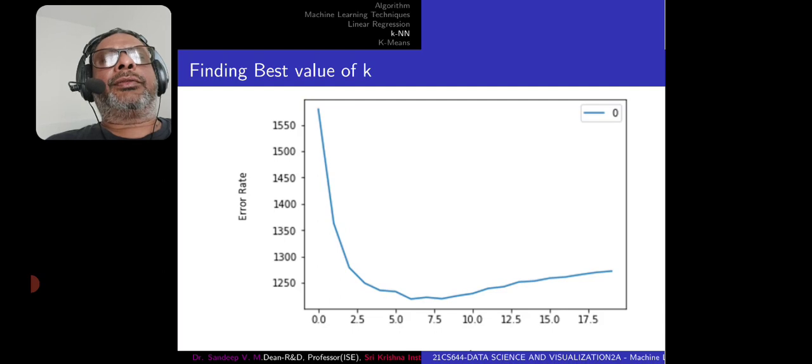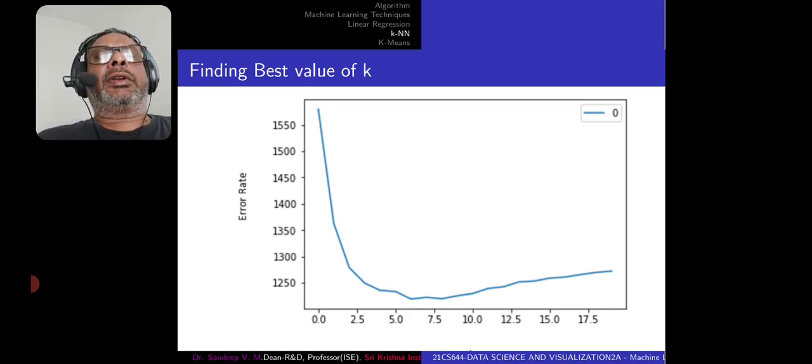But if we shift it to this graph, then you can easily see that the minimum is somewhere around 5 or 6. So with k equal to 6, we get the best possible result. Therefore, we can get the best predictions when we work with KNN using k equal to 6 or 7.